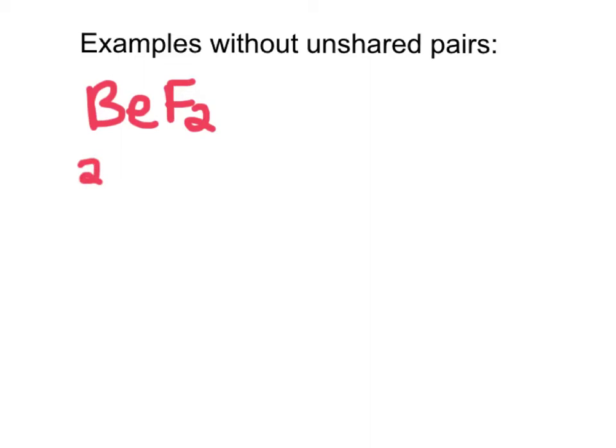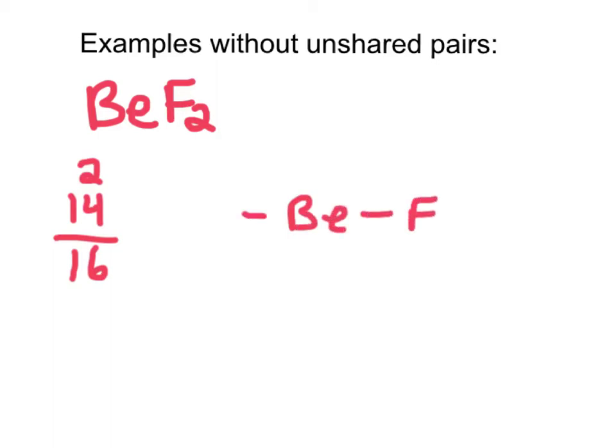Fluorine's in group 7, and there are 14 valence electrons because we have 2 of those. And so that gives us 16 electrons to work with. The single atom beryllium will go in the center, and that'll give me 2 bonds to the fluorines, which will use up 4 electrons. The 12 electrons that remain will have 6 electrons around each of the fluorine atoms.